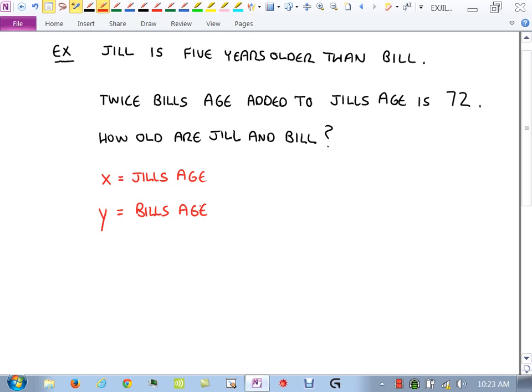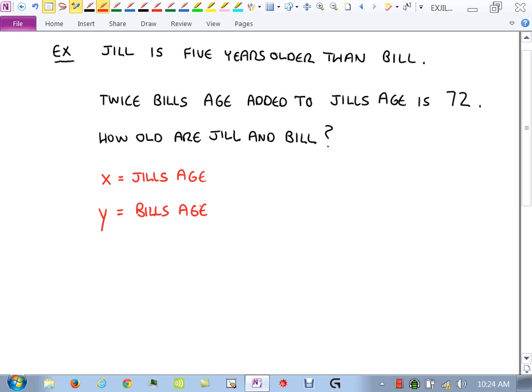What does the first sentence tell you? How can I write that in terms of these variables X and Y? Jill, which variable is Jill? X. X is, what's "is"? Equals, right?